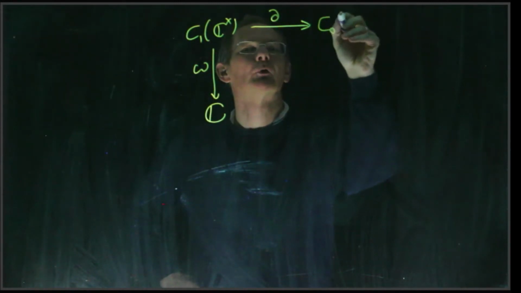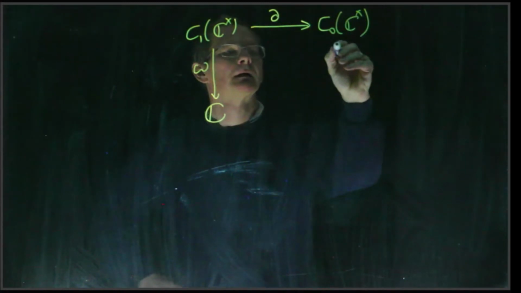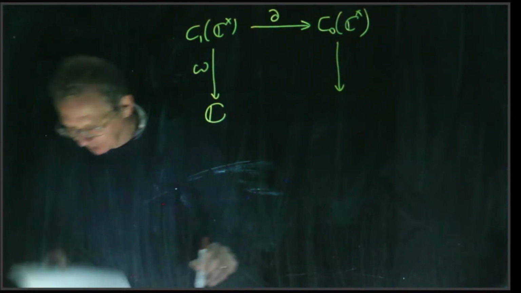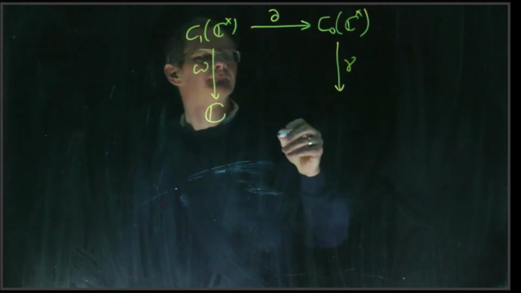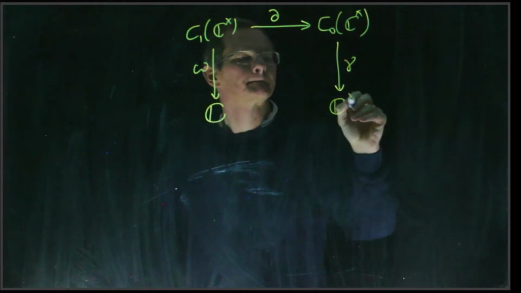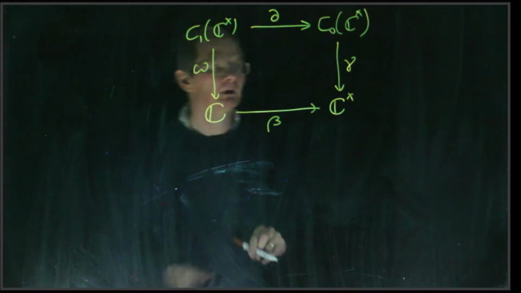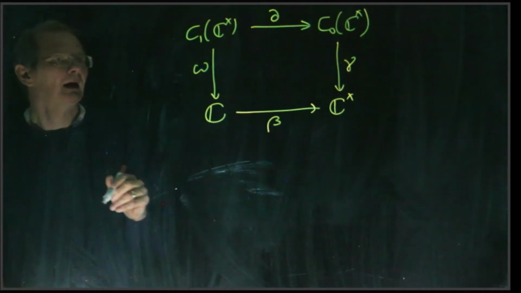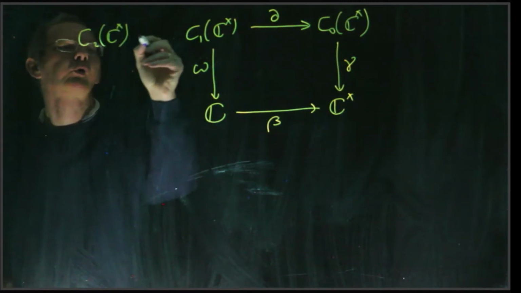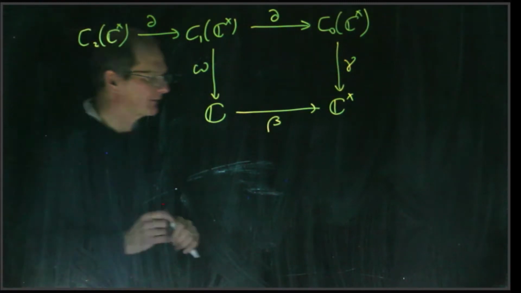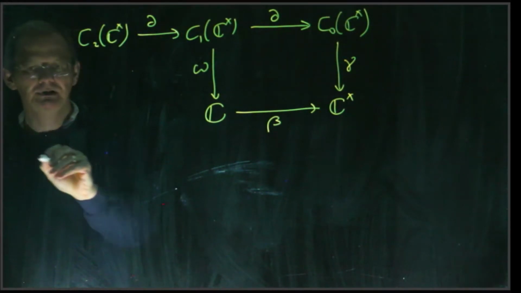It's obviously important for understanding the homology, and I want to introduce a map that I'm going to call gamma here, and a map that I'm going to call beta here. Okay, so the definition of these, and also let's just remember we've got a differential coming in there as well. So what's the definition?